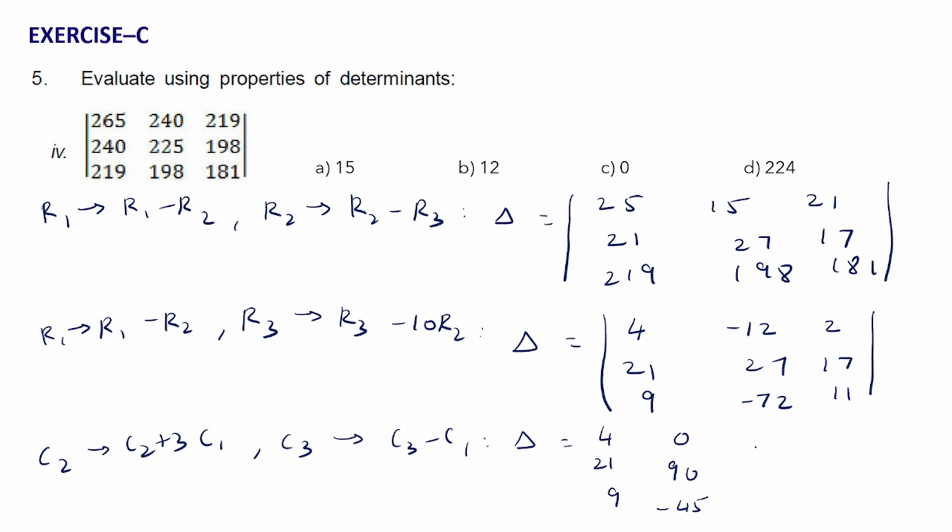And C3 changing to C3 minus C1. I'm sorry, this is 4. So here we have 0, minus 4 and 2. Now we can expand along R1. So this is equal to 4 into 180 minus 180. So this is 0. So the correct option is option C.